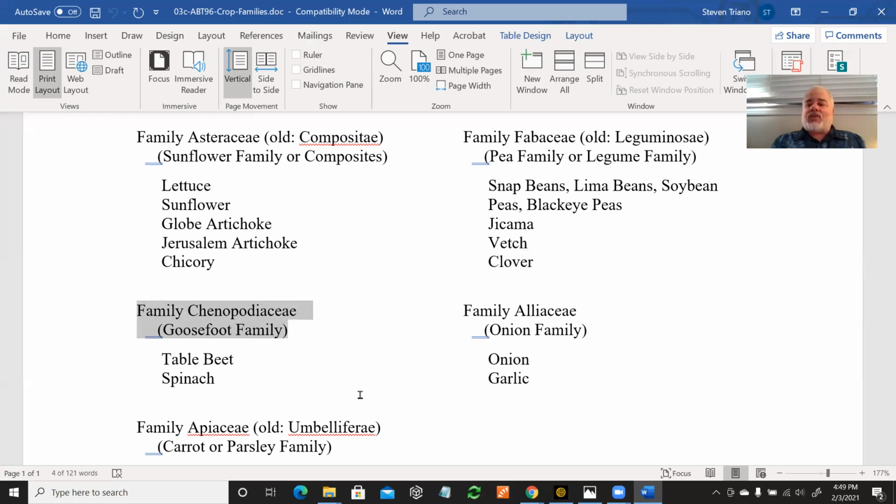But the primary things that we look at in agriculture from the goosefoot family is not the gooseberries. It's table beets, sugar beets as well. Sugar beets that were grown for many, many years here in the valley to supply the Spreckels sugar plant, which gave the town of Spreckels its name, just south of Salinas.